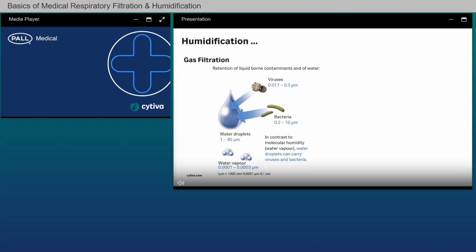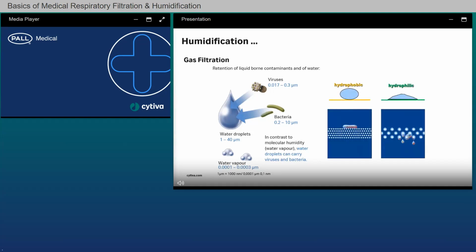If you look at water vapor, that's too small, only 0.1 to 0.3 nanometer. Conclusion here is that the filter media itself plays an important role in preventing bacteria and viruses from passing through if you use a hydrophobic membrane, because hydrophobic membranes don't let water pass through, whereas hydrophilic membranes let water pass through.